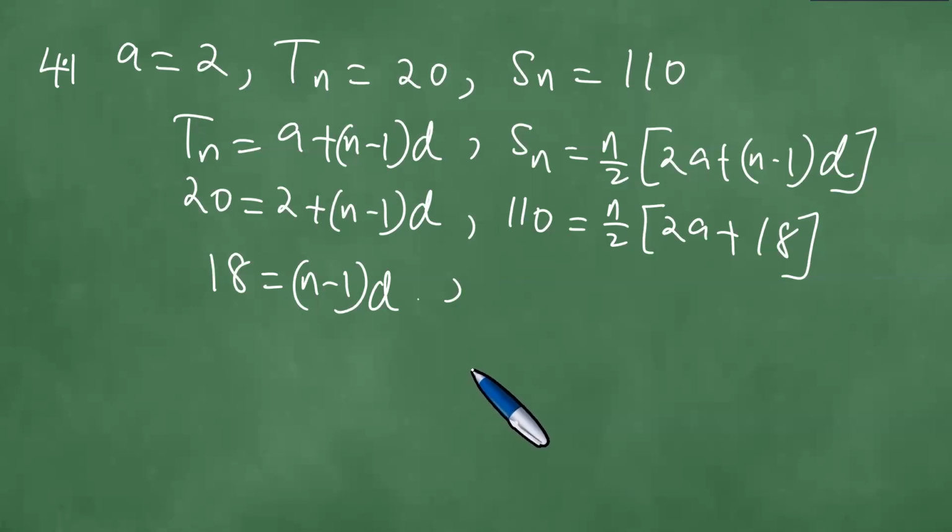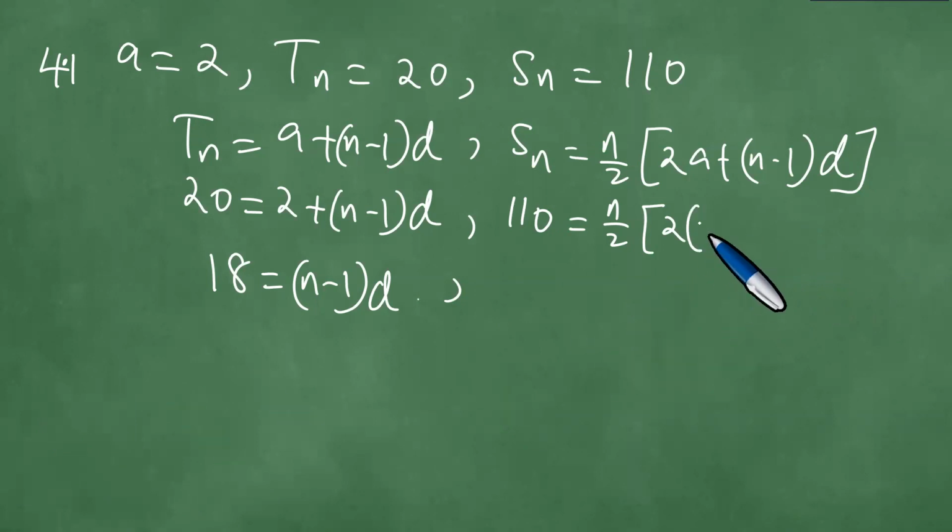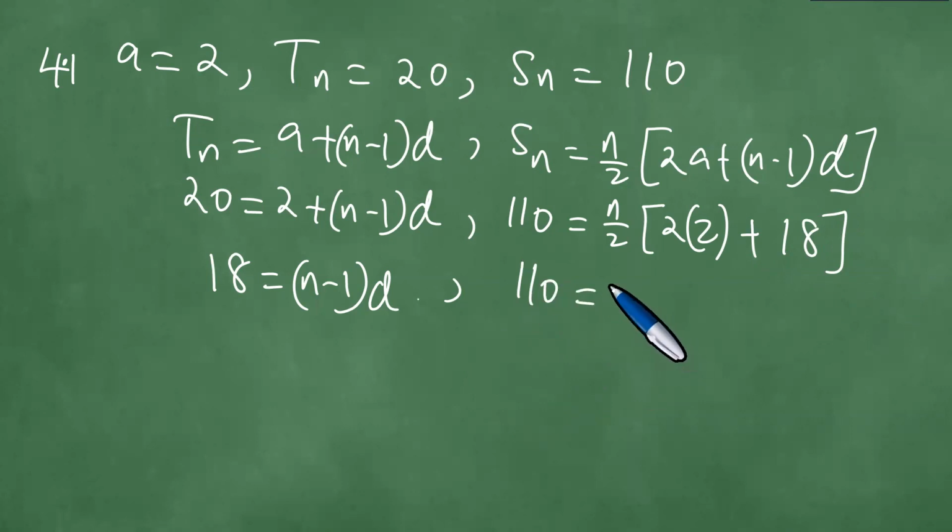But we also know the a, so you can just plug that in here. So the n minus 1 into d is 18. So 110, that's 4 plus this, 22.